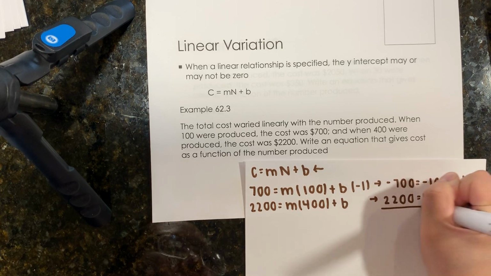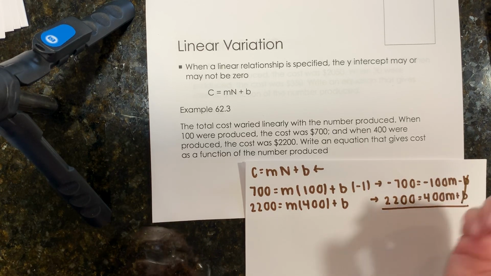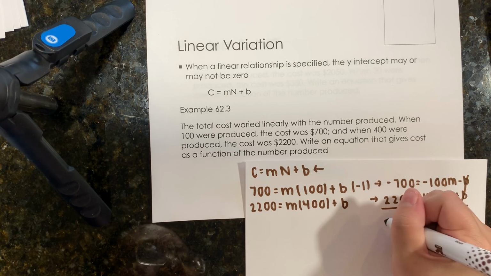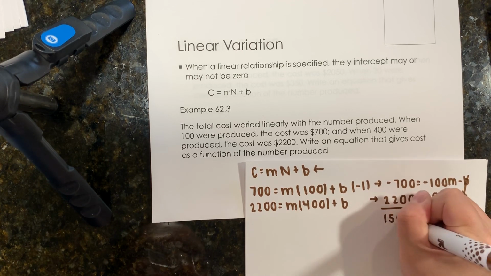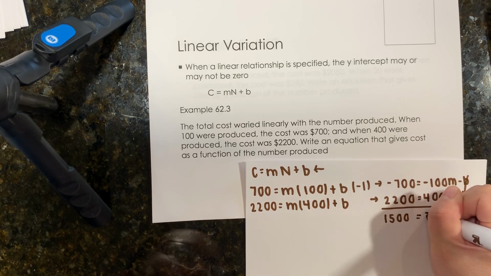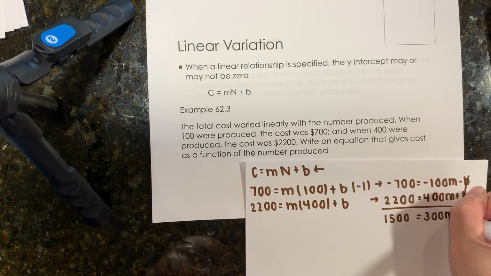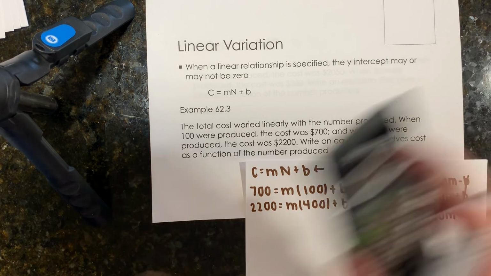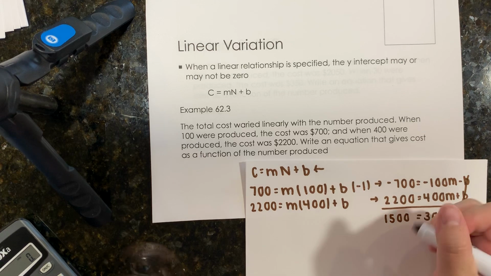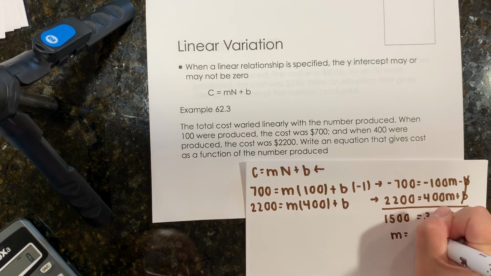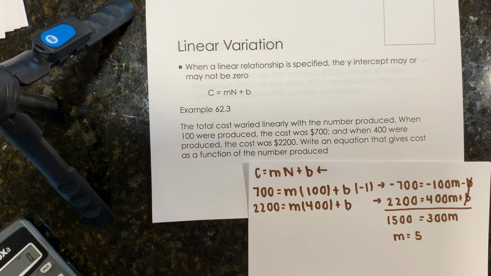By doing that, my b's are going to cancel out, and I am going to be left with 1500 equals 300m. You can then easily solve that m is going to be equal to 5.